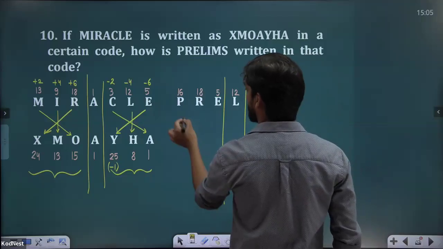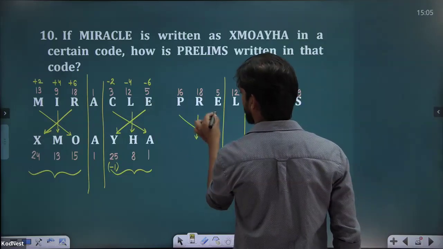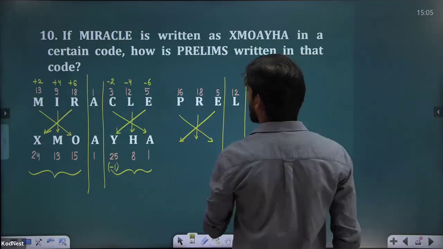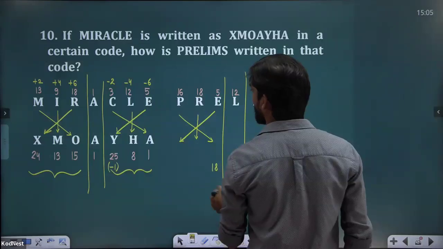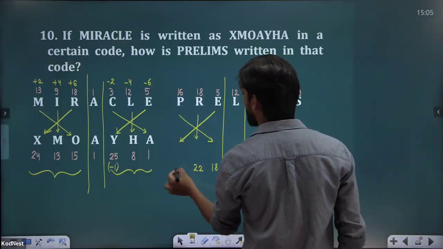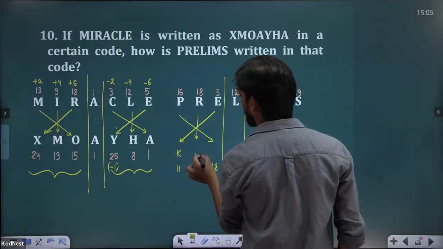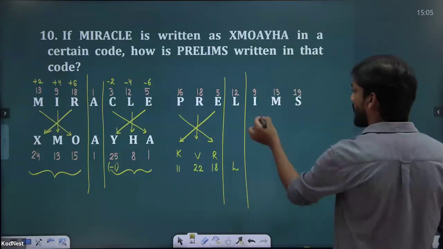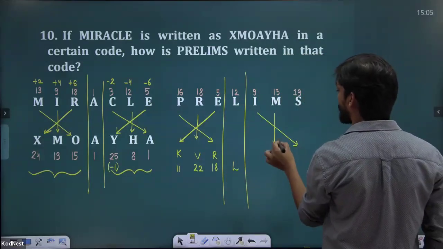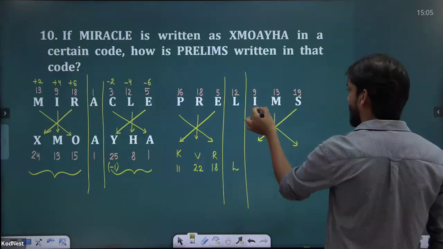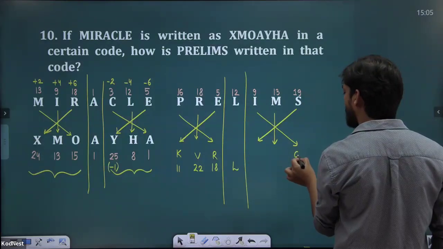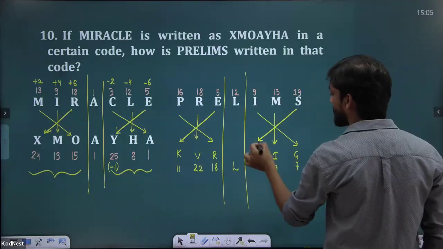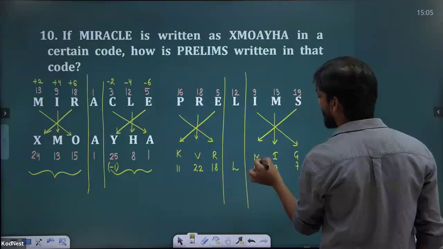So, okay, +2, +4, +6. +2 is 18, +4 is 22, +6 is 11. So K, V, R. This will be as it is, so L. Now here it is -2, -4, -6. -2 will be 7, so G. -4 is 9, so I. And -6 is 13. 13 is the middle letter.